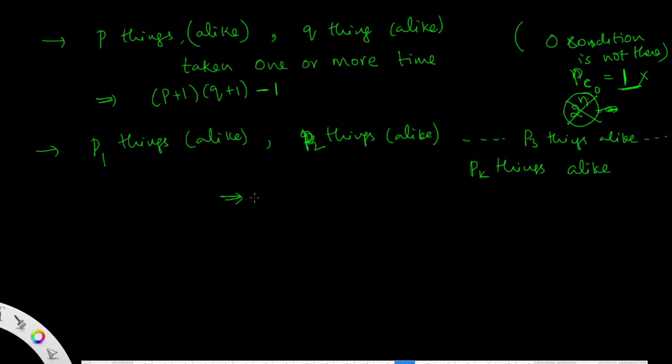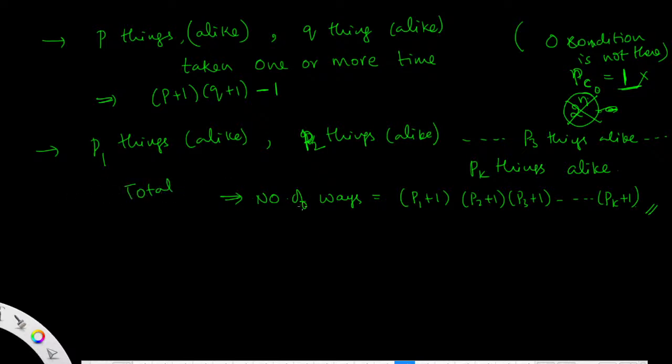Then the formula for the total number of ways, that is the total number of combinations, is P1 plus 1, P2 plus 1, P3 plus 1, and so on up to Pk plus 1.